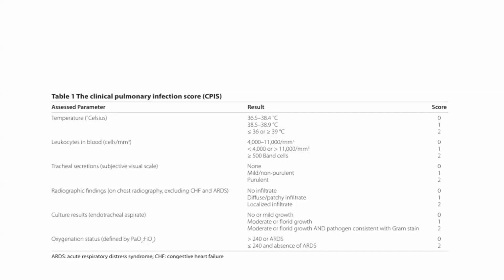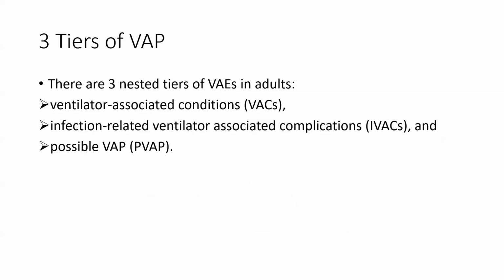If the secretions are purulent, then we need to check the chest X-ray finding, whether bilateral infiltration is present or not, or whether there is any increase in oxygen requirement of the patient, whether the PF ratio is altered or not. If all these factors are present, then it is most likely VAP, and then we need to send it for culture. Once the culture is positive, it is definitive VAP.